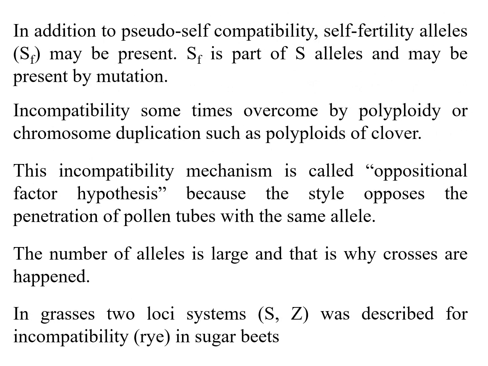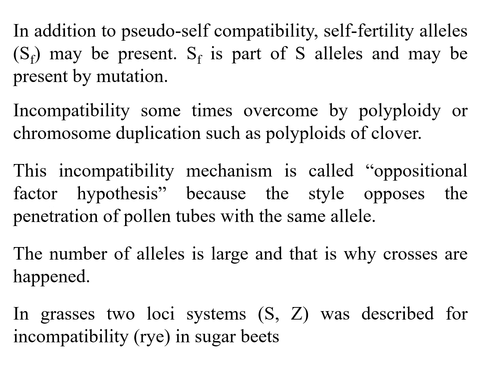So as I said, self-fertilization happens by pseudo self-compatibility, either through increasing temperature or through mutation, and sometimes within the S system, S1, S2, S3, S4, we have one of the alleles, which is called SF, which can do self-fertility, and we call it the self-fertility allele, which can be produced by mutations.